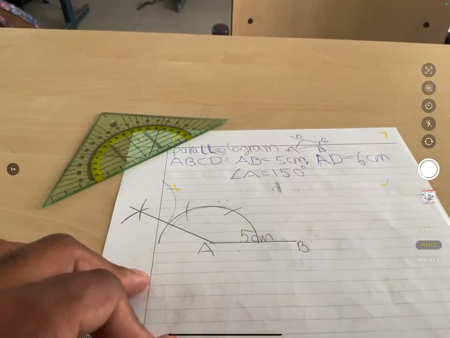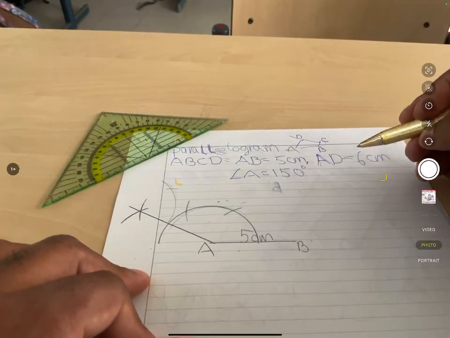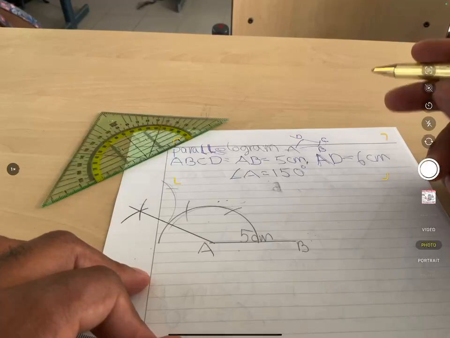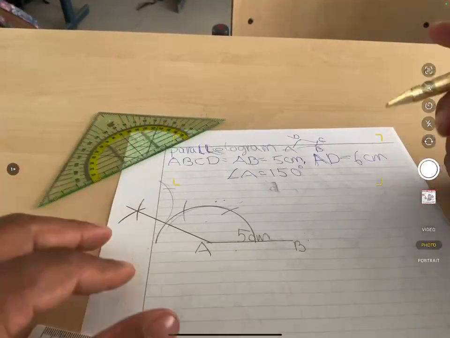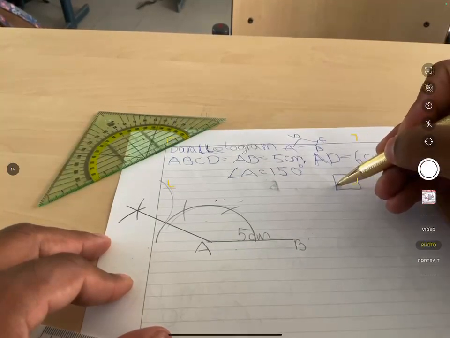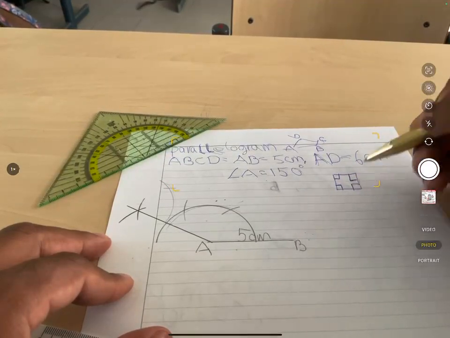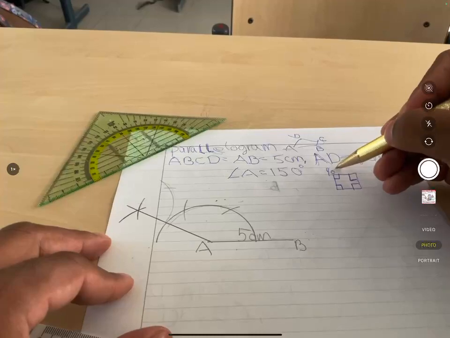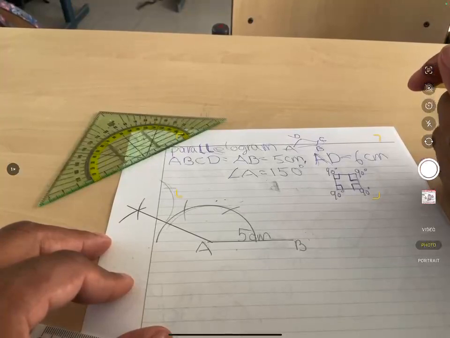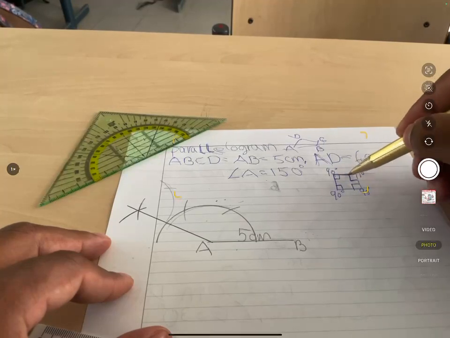Yes, so a parallelogram is the same as a square or rectangle in terms of degrees. You have a rectangle or square, you know that each corner equals 90 degrees. Why does it have 90 degrees?